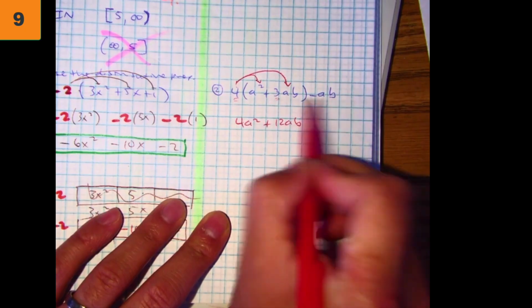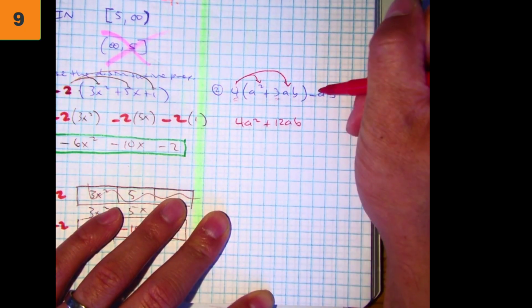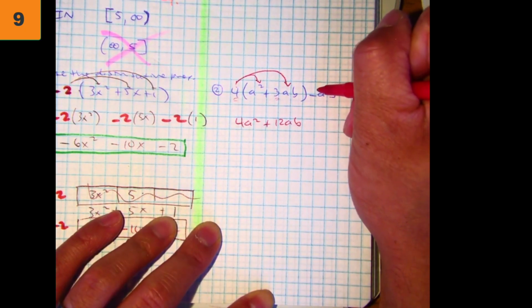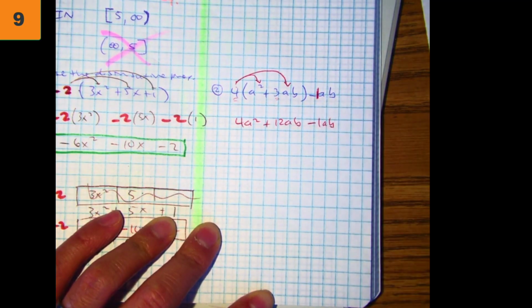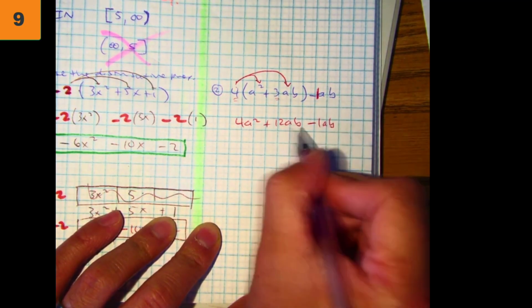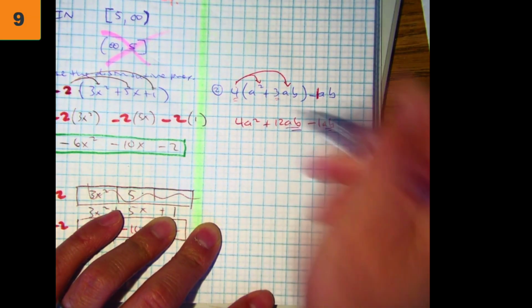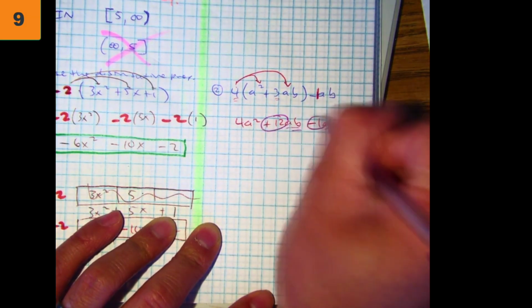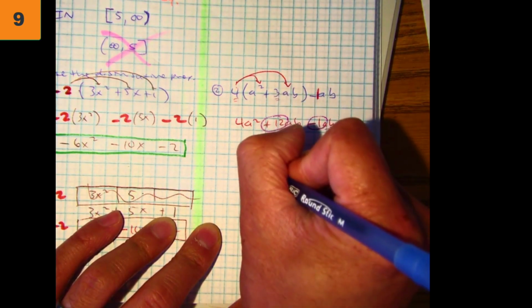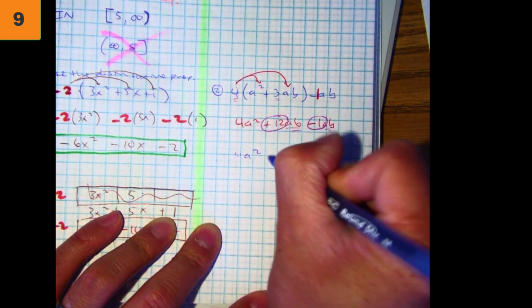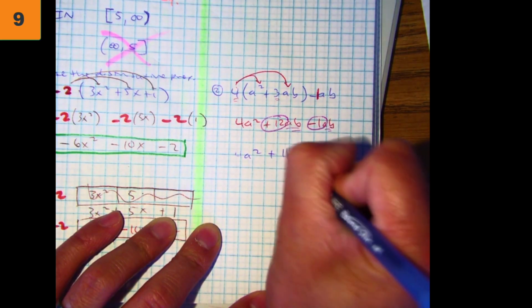Notice how this is not in the parentheses. Class, what's the invisible coefficient? 1. Sorry, -1. And then because these are like terms, they both have an a and a b, I'm just focusing on the coefficients. 12 and -1. Or a squared plus 11ab.